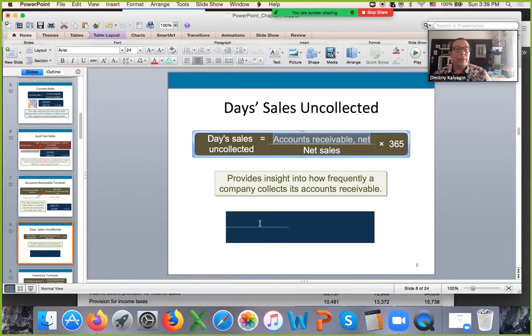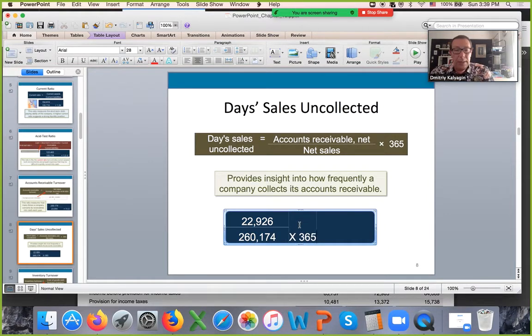the ending balance of AR, so we're going to put it in the numerator, and it's going to be 22,926, and net sales goes to the bottom, and that's going to be 260,174, and we're going to multiply it by 365 days.